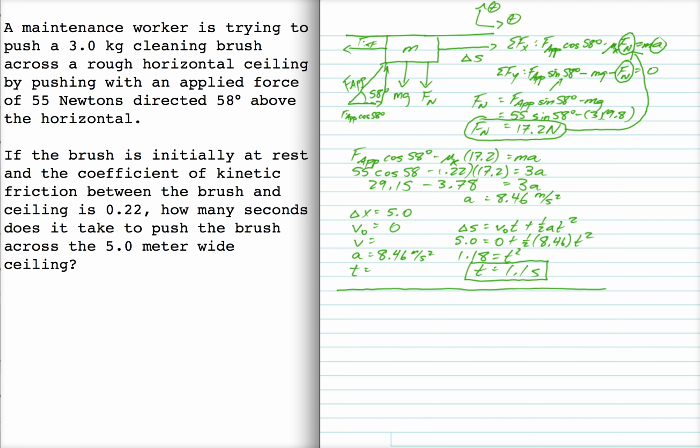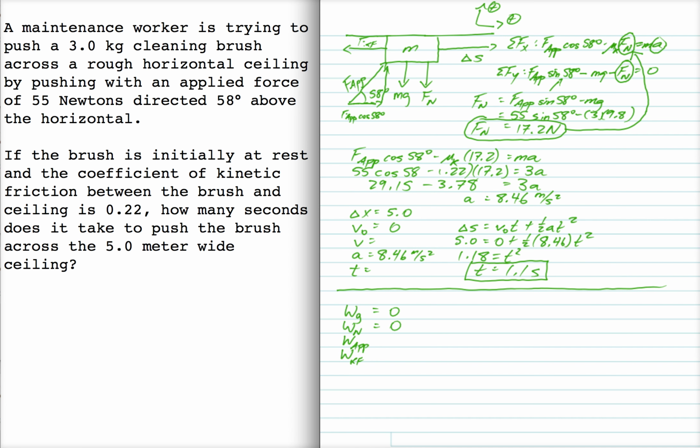Now I'm going to solve the problem using work energy. So the way the work energy theorem works is we start by determining the amount of work done by all of the forces. The work done by gravity is 0, normal force is 0.